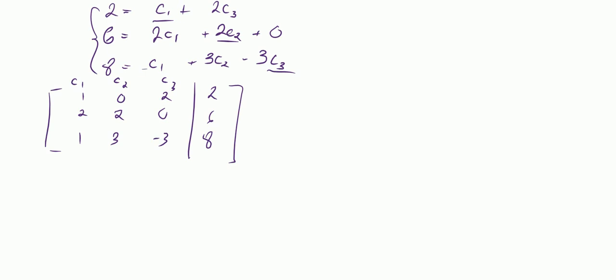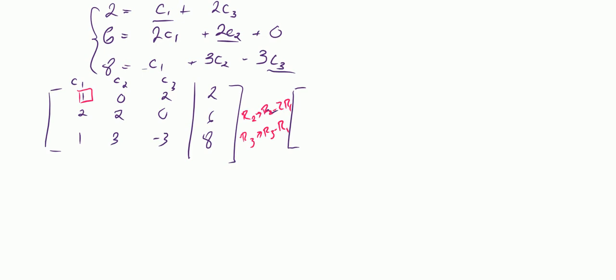Okay, so now let's just do some row reduction. We'll start with this guy, and we'll do R2 minus 2R1, and R3 minus R1. So row 2 minus 2 row 1, and row 3 minus row 1.